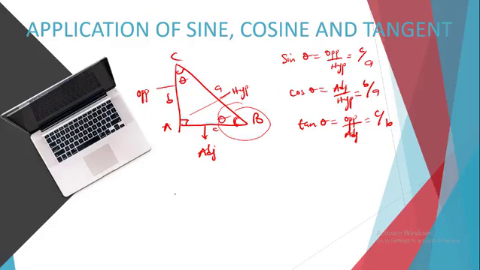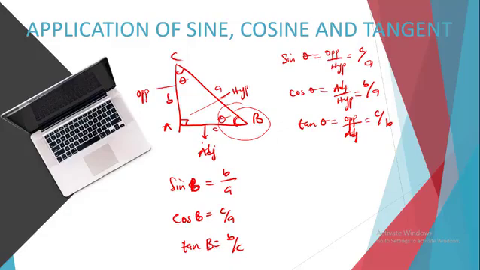So sine B, the angle at B, would be opposite over hypotenuse, which is B over A. Then cos B is adjacent over hypotenuse, which is C over A. Then tan B would be equal to opposite over adjacent, which is B over C. Hope we understand what we're doing here.